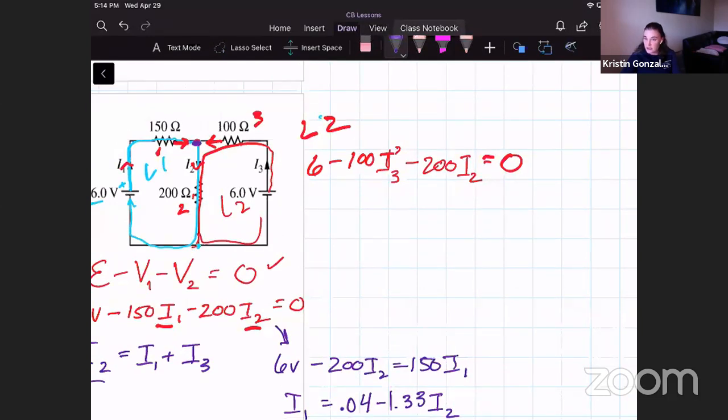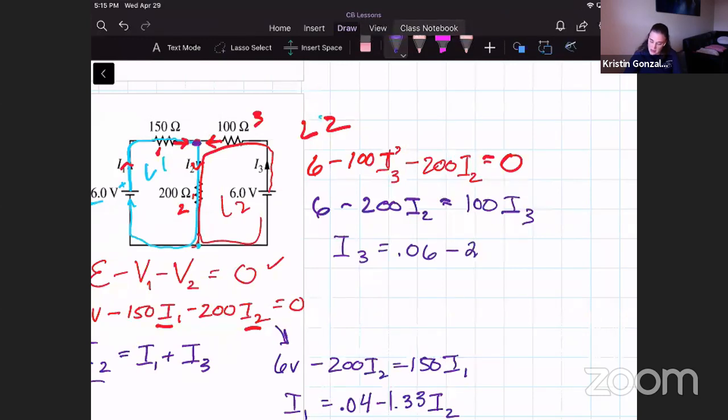I want to get rid of which one this time? I want to get rid of I3. So let's solve for what I3 is. We're going to say 6 minus 200 I2 equals 100 I3. And if we divide by 100, then we get that I3 is equal to 0.06 minus 2 I2.